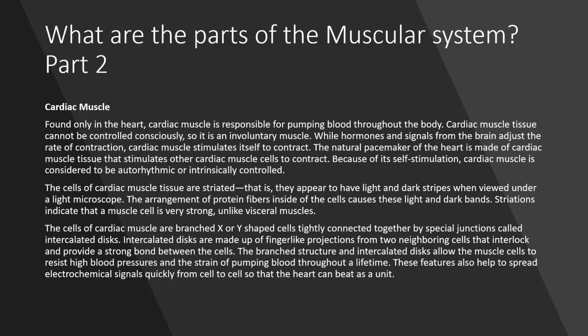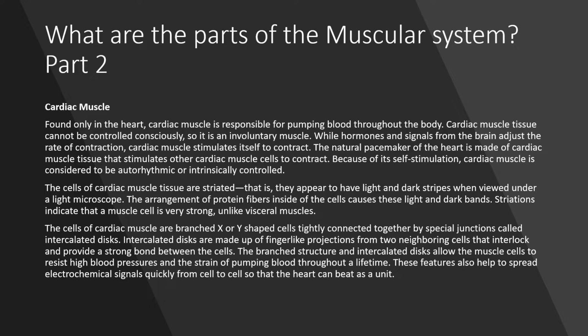The cells of cardiac muscle are branched X or Y shaped cells tightly connected together by special junctions called intercalated discs. Intercalated discs are made up of finger-like projections from two neighboring cells that interlock and provide a strong bond between the cells.